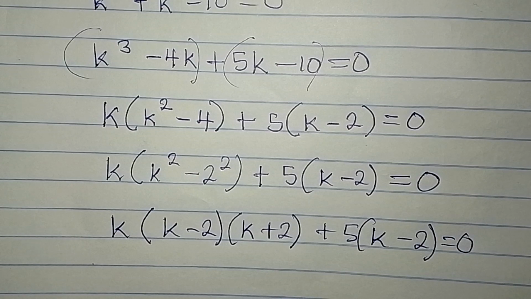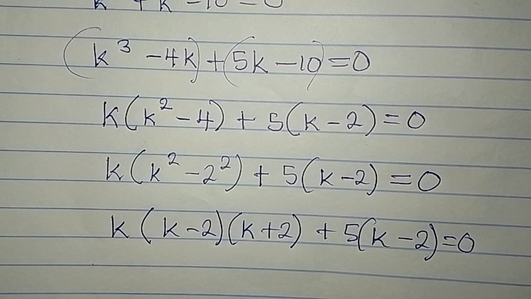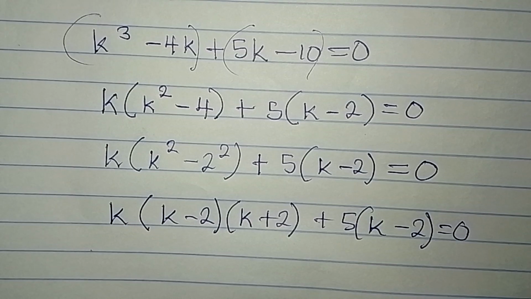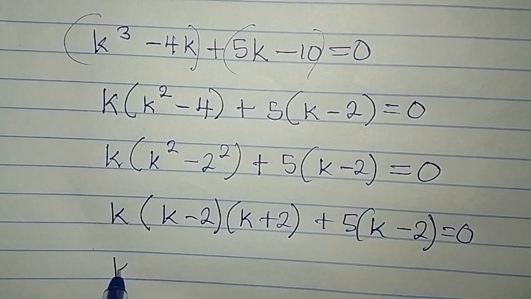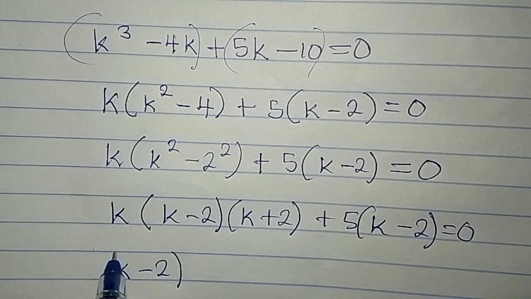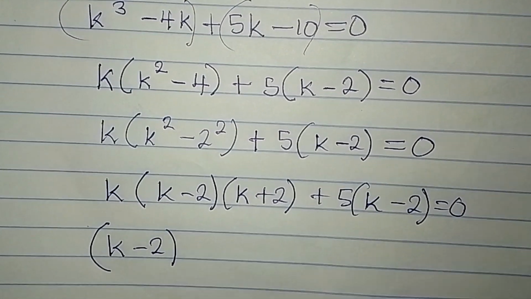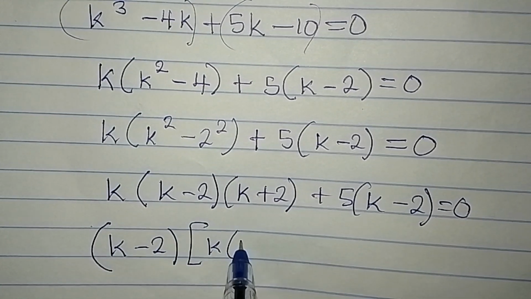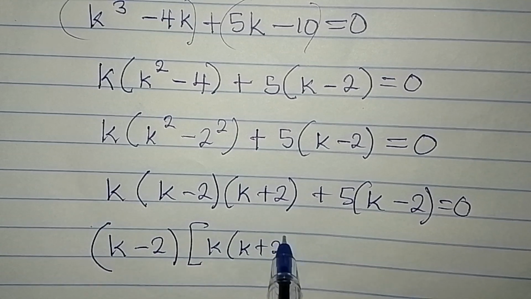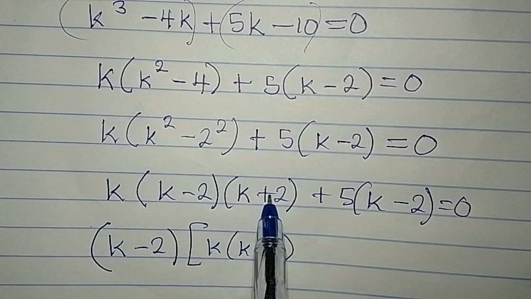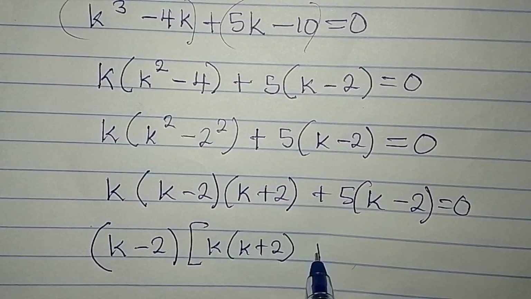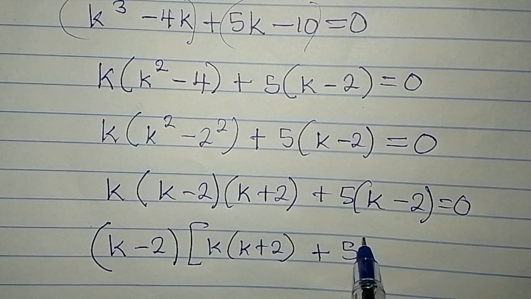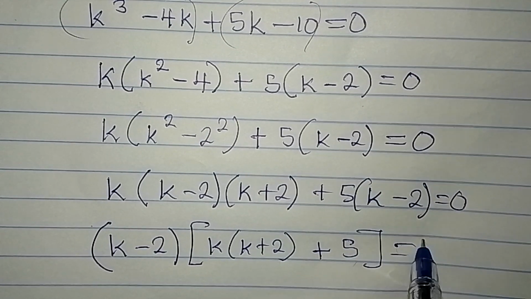Now there's a common term, and it is k minus 2. So k minus 2 has to be factorized, and then in here I have k into k plus 2. This and this will be brought together, and then we have plus k minus 2 is already out, so 5 will be left. Then we close and equate to 0.